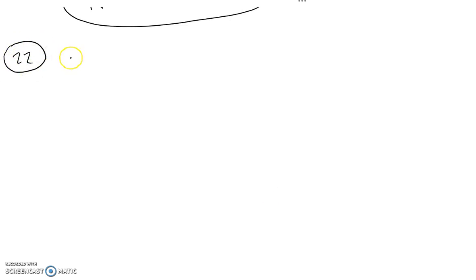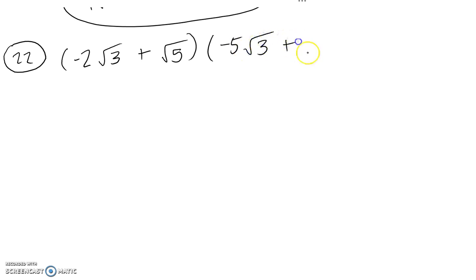Now, one more example. Let's do number 22. Number 22 is -2 square root of 3 plus the square root of 5 times -5 square root of 3 plus the square root of 5.